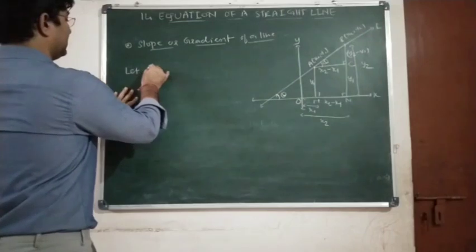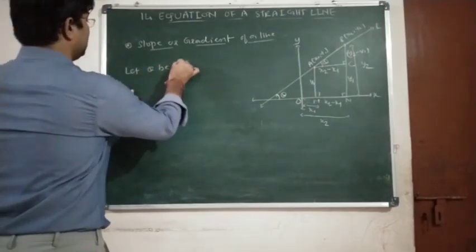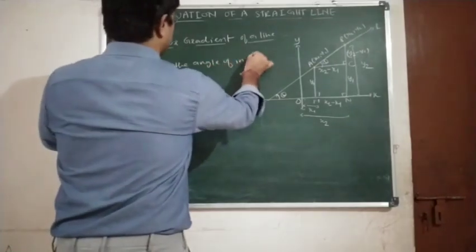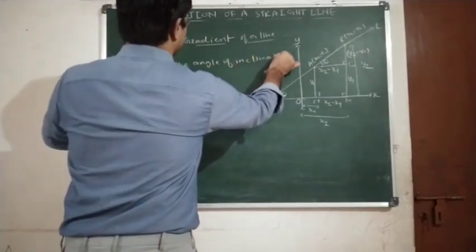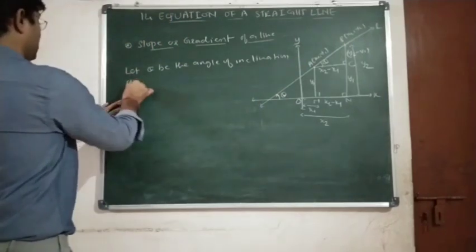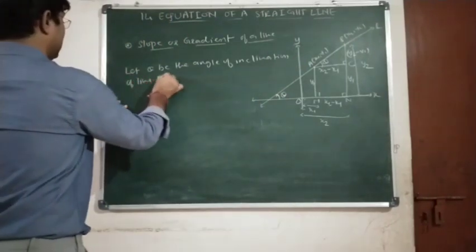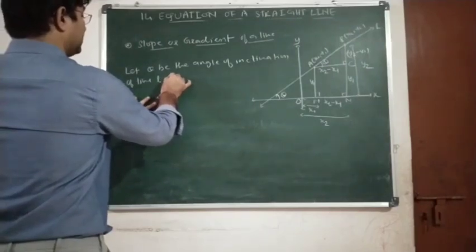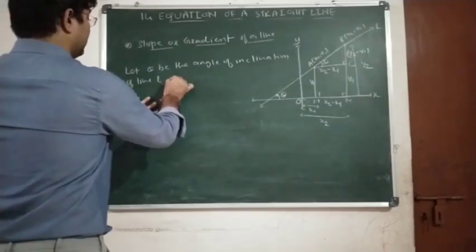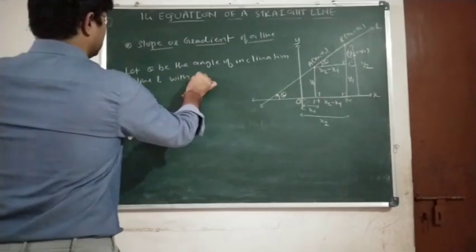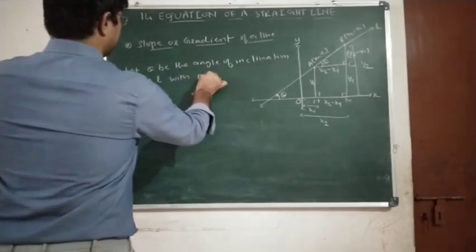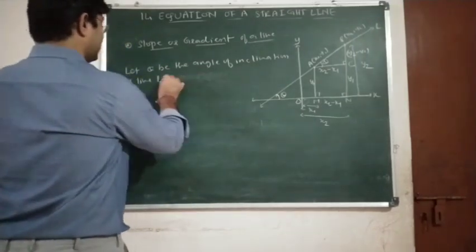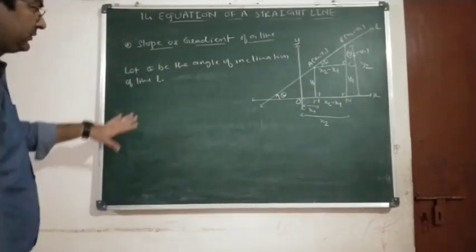So let theta be the angle of inclination of line L with positive direction of x-axis, obviously with x-axis only, we know that.